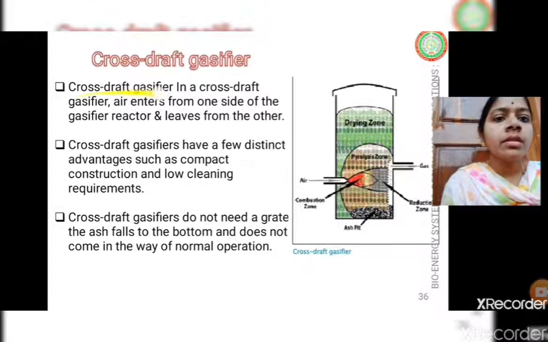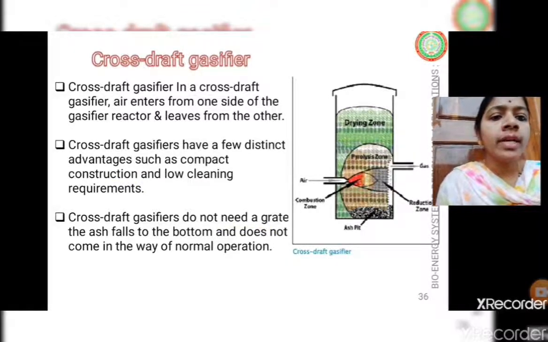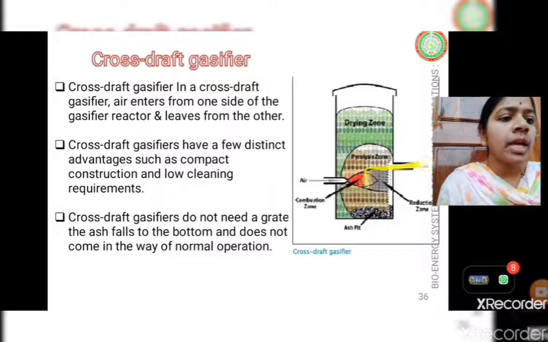When it comes to the discussion of this gasifier, it has a very good advantage in its compact construction and low cleaning and maintenance, and there is no need of a grate. The ash falls to the bottom and does not come in the way of the air as the air moves in this direction.